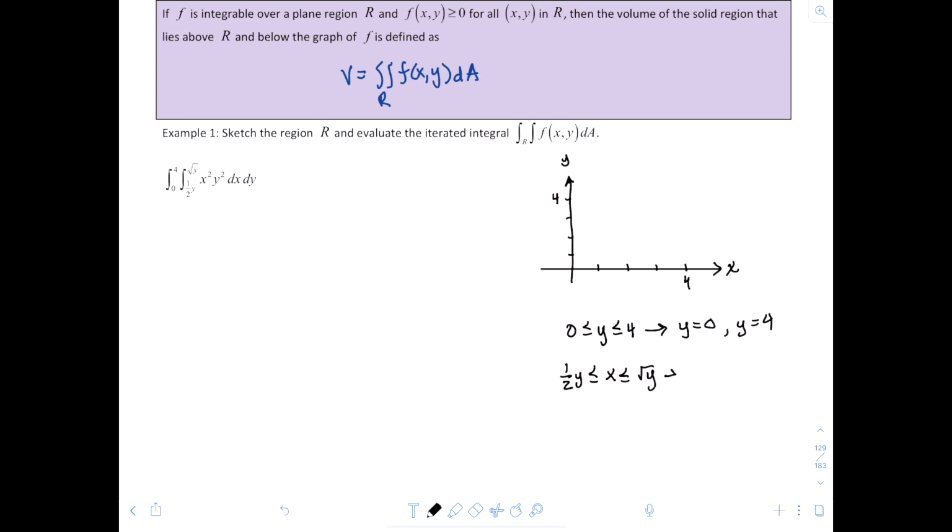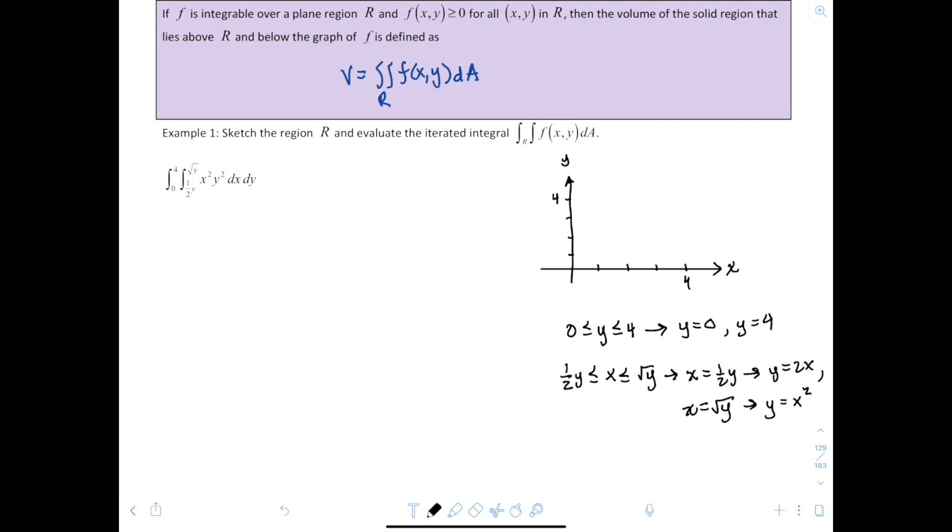So our boundaries are x equals 1/2 y, but we're used to seeing it as, if I isolated y, I would get 2x for the purposes of graphing. And x is equal to root y, and that would give us y is equal to x squared. Cool so far?